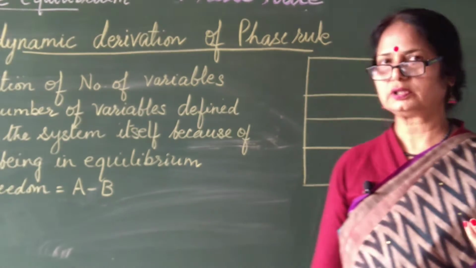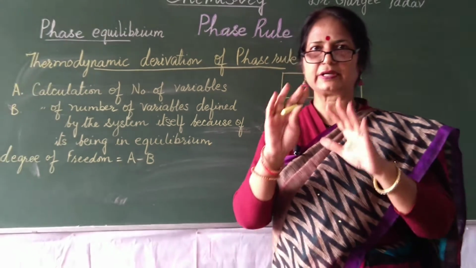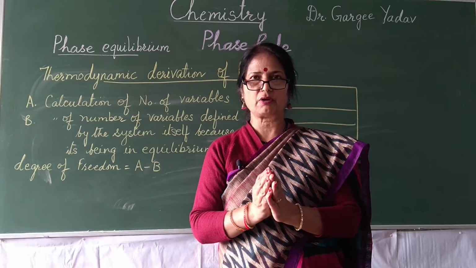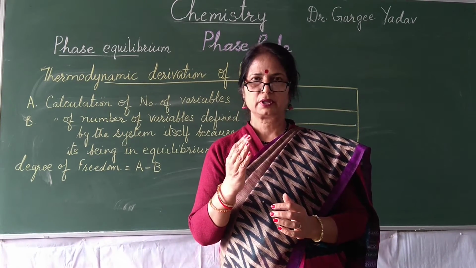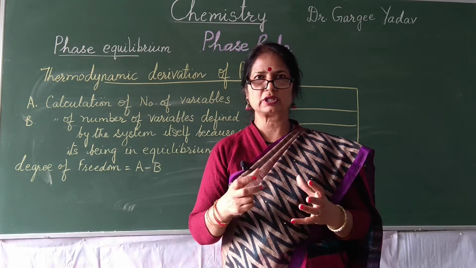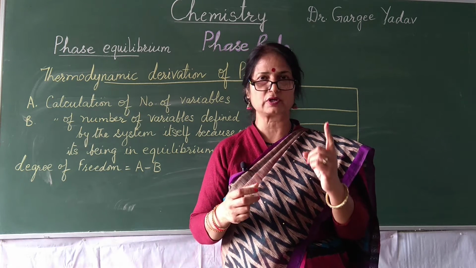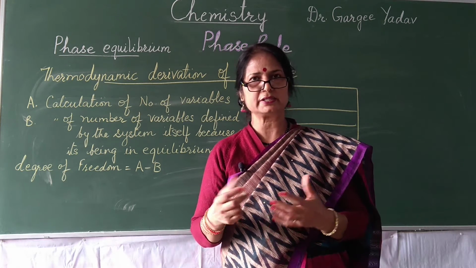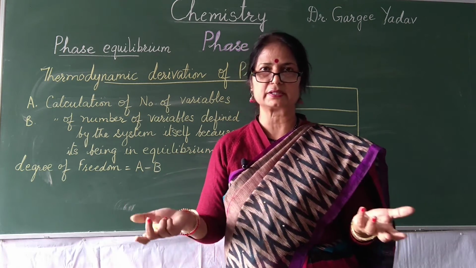If we have a single phase with two components only, and we know the composition of one component, then the composition of the other component can be easily calculated. That will be 100 minus that.